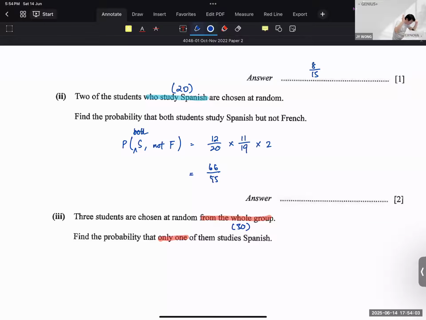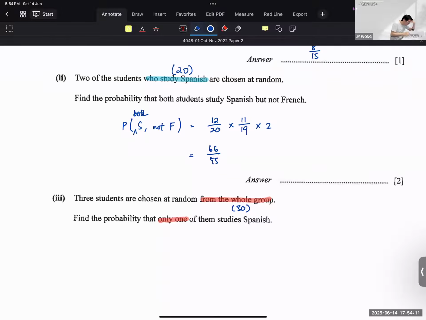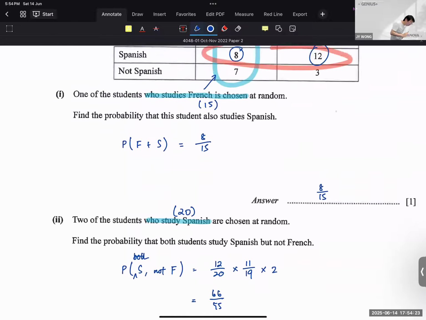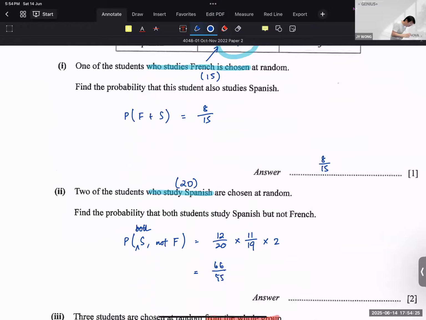This one confirm will always have 3 scenarios, because it can be the first student, it can be the second student, it can be the third student. So you always need to times 3 possible scenarios. We are only interested in what? Study Spanish versus not Spanish, right? So study Spanish got how many people? 20.